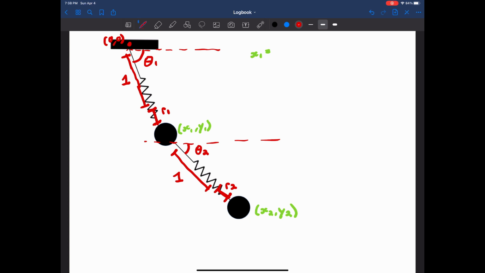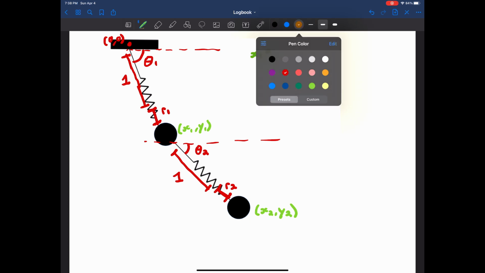It's like setting h bar equal to 1 or c equal to 1 in physics. It sets my dimensions so that r is measured in units of L. x and y are dimensionless now, measured in units of L. g, the gravitational constant, is measured in L's per second squared. So it's unitary, and I'm allowed to set one of my dimensions equal to 1 in the problem.